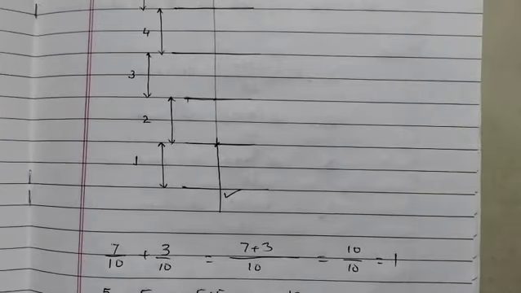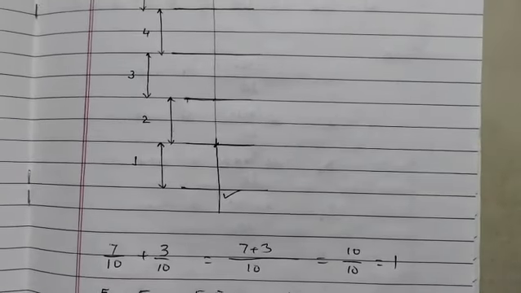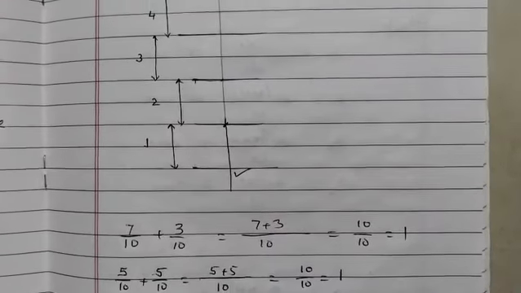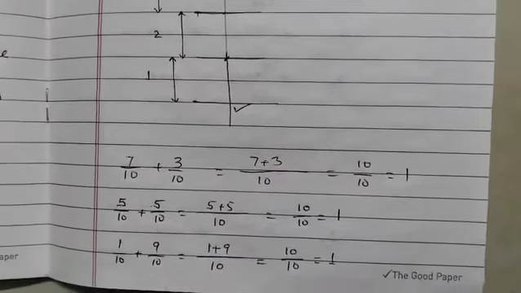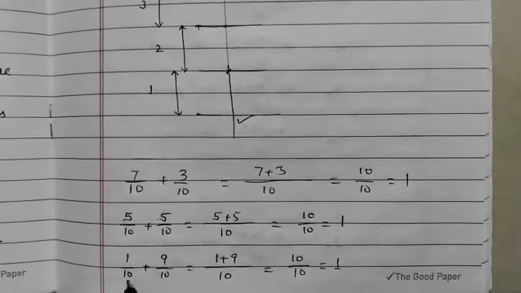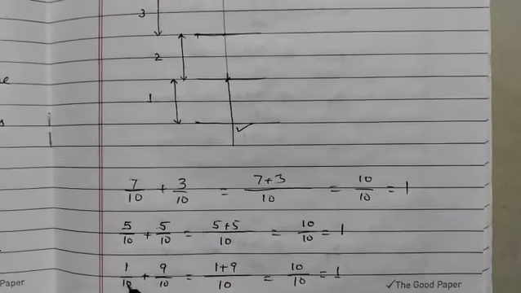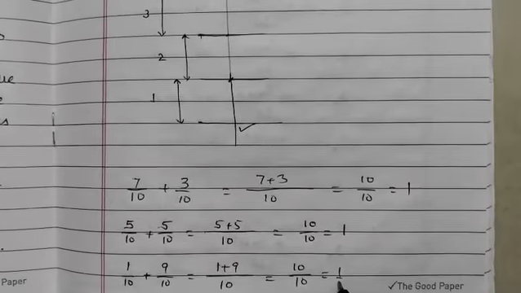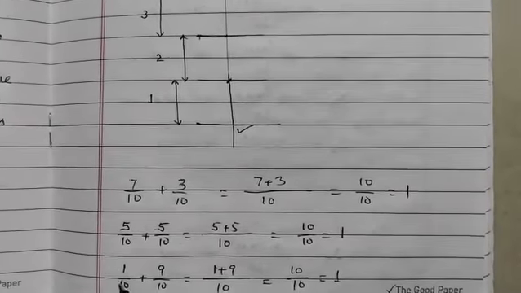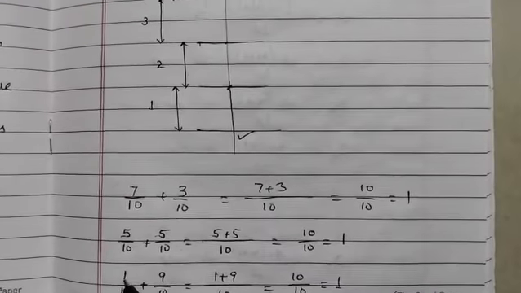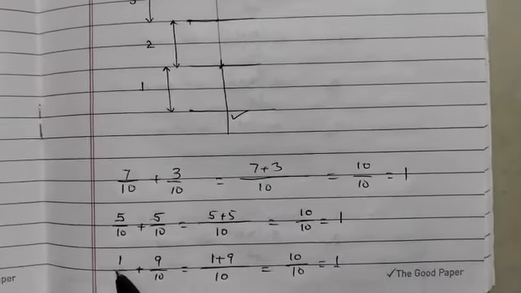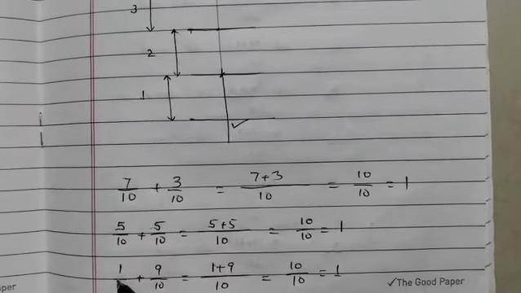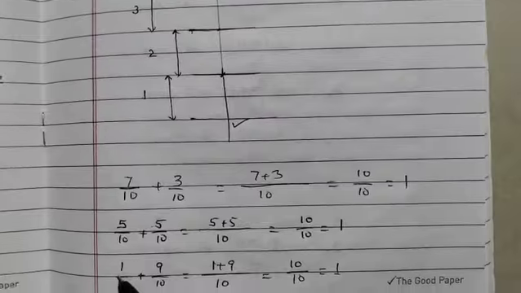In the same manner, whether we are calculating the first decile, second, third, fourth, fifth, or ninth decile, in all such cases, if we add the two portions, the result comes to be 1. Suppose the ninth decile: the value above which 1 by 10 of the scores lie, and below which 9 by 10 of the scores lie.